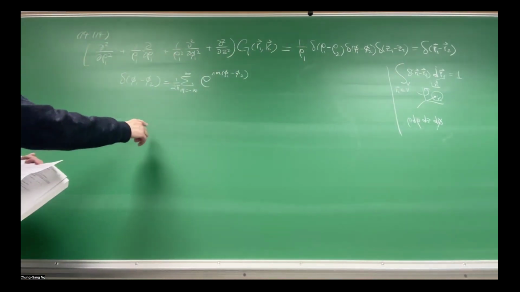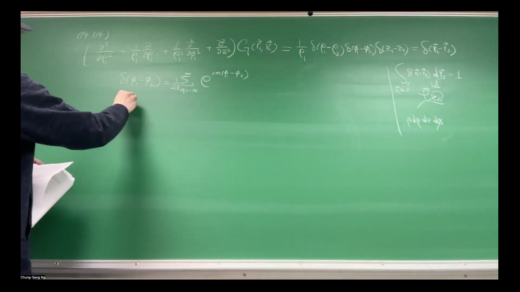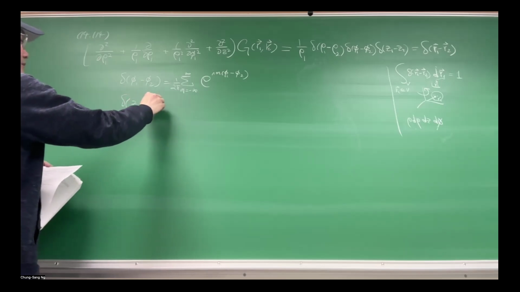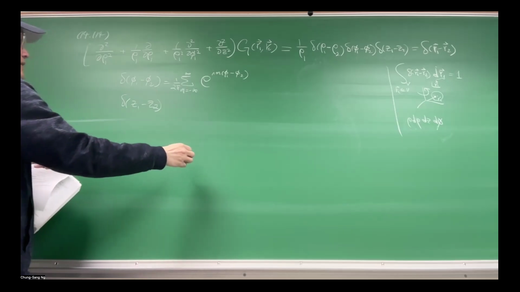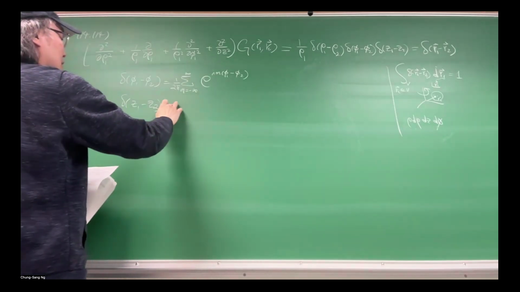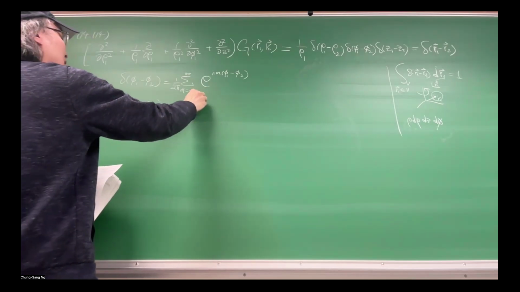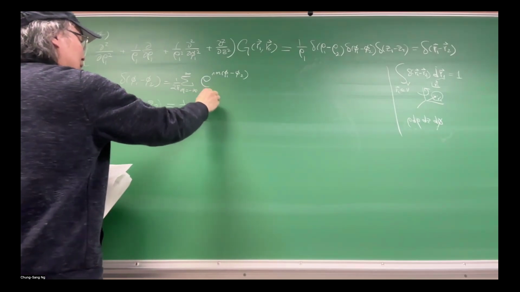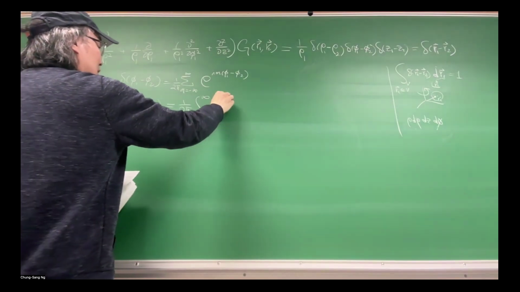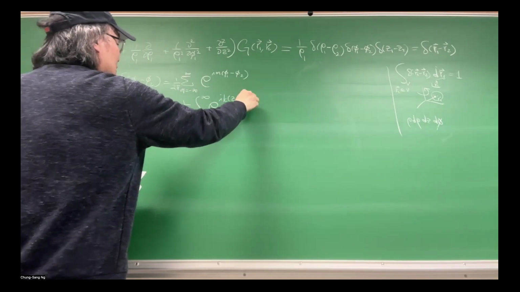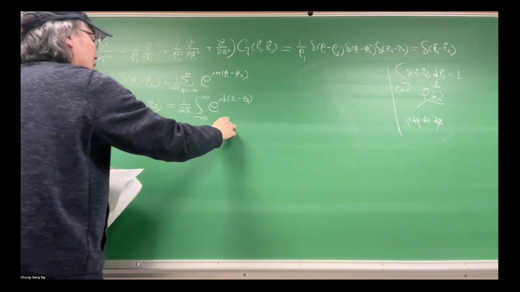So assuming that the delta z part is oscillatory, basically now it becomes a Fourier transform instead of a Fourier series. That is also what we call the completeness condition: delta of z 1 minus z 2 is the integral of e to the ik (z 1 minus z 2) dk.